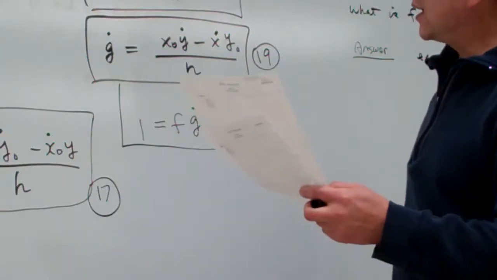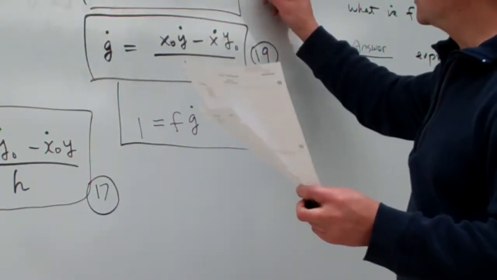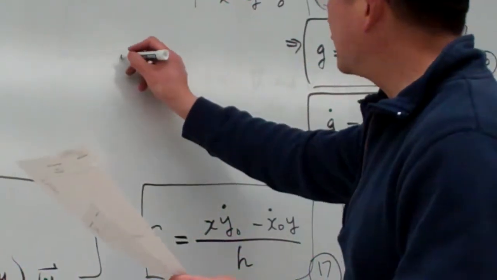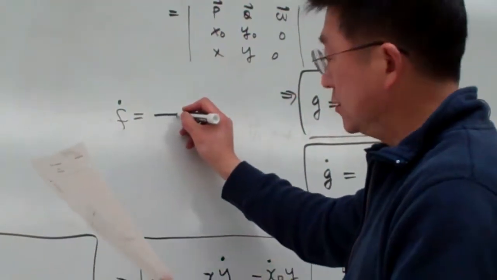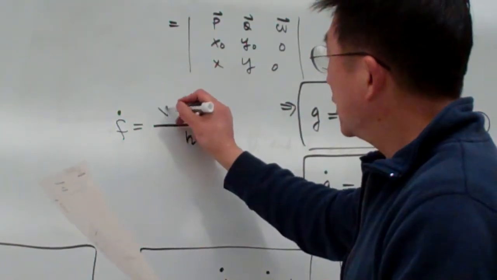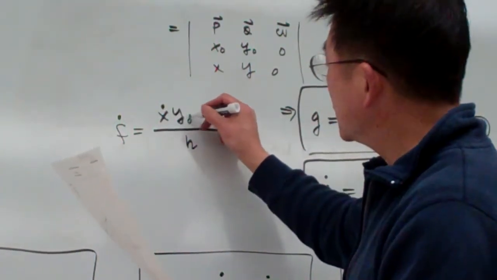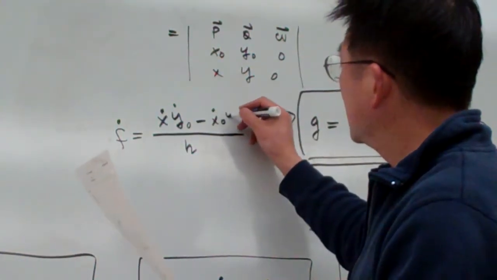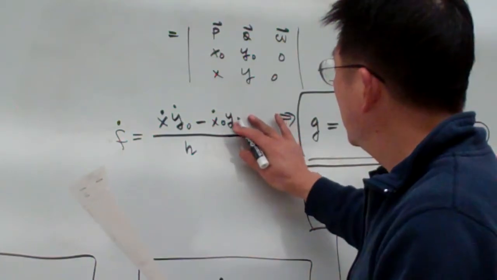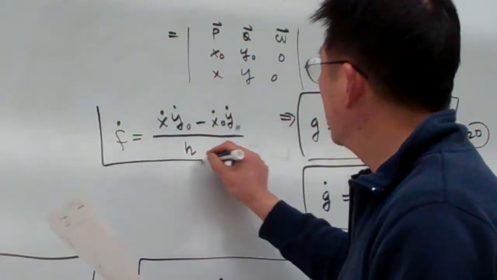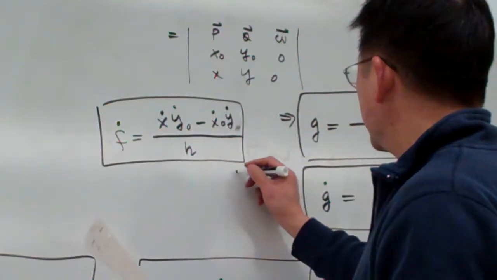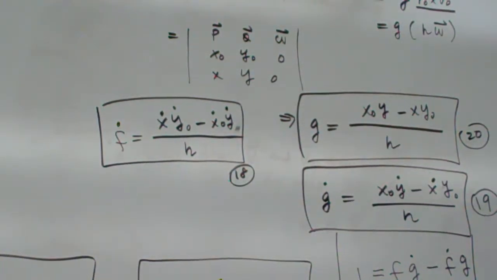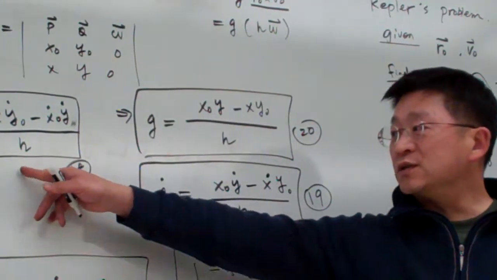Oh, sorry, this is equation 20, and I skipped one thing, F dot basically is this H(X dot Y0 minus X0 Y dot), and that is 18. Okay. Sorry, I skipped this one. I forgot. So basically, you can put this one here.